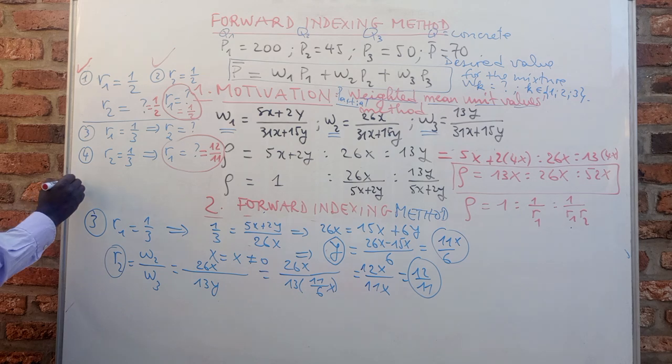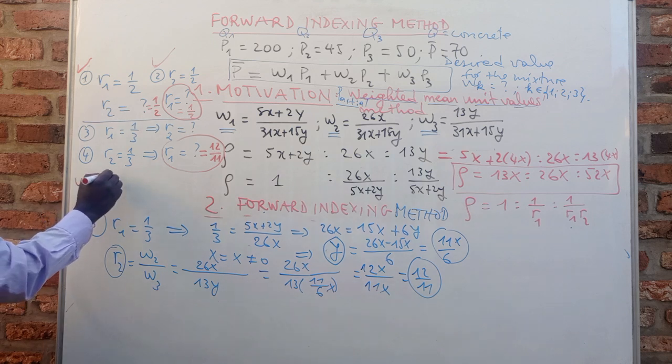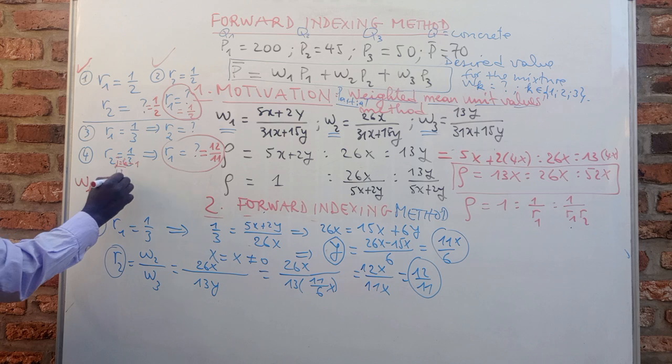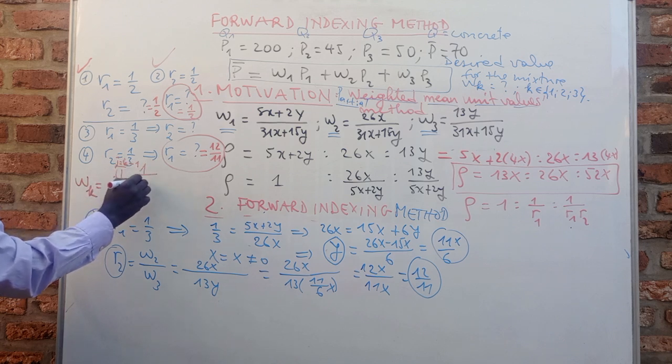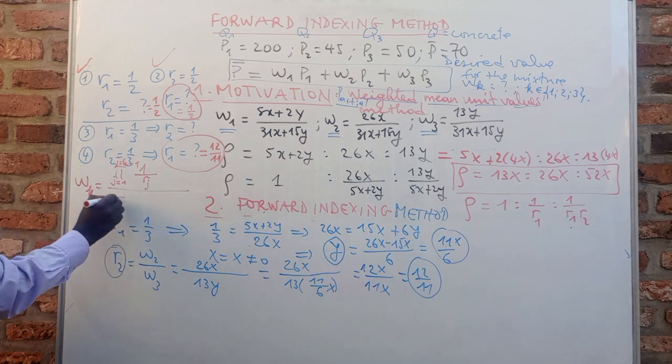You know that the weight for any case using this forward index method is equal to the product from j equal to 1 until j equal to k minus 1 of reciprocals of ratios, divided by the sum from i equal to 1 until i equal to n.